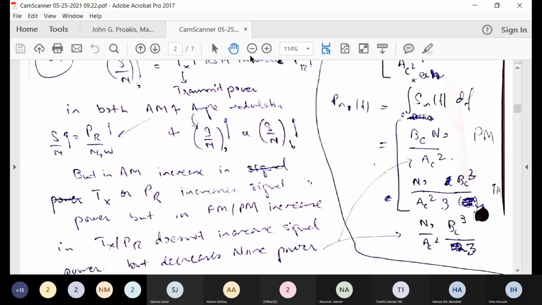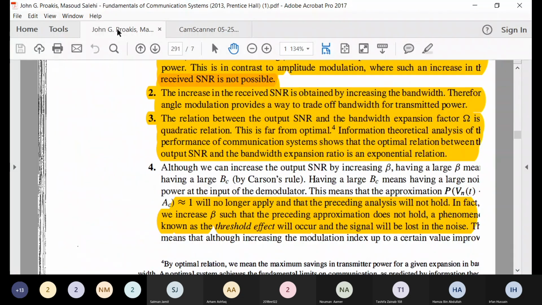Now there is a problem: as your noise power increases, all our calculations were based on the very important assumption that signal power is very large compared to noise power. But if your noise power is very large in itself, then your signal power is not that large compared to the noise power.